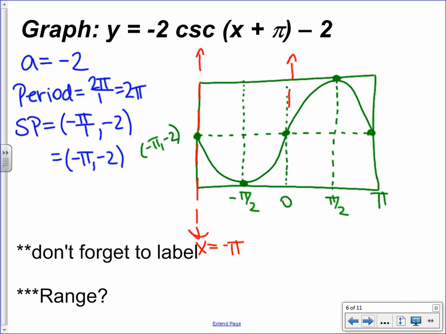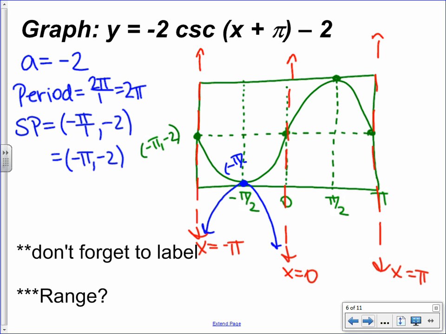We're going to have an asymptote here at x equals 0, and then an asymptote here at x equals pi. Okay. Then we're going to take these points and create our U's. That's what I would expect you to label.